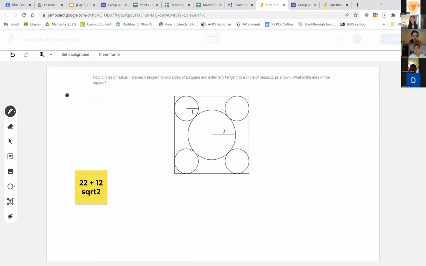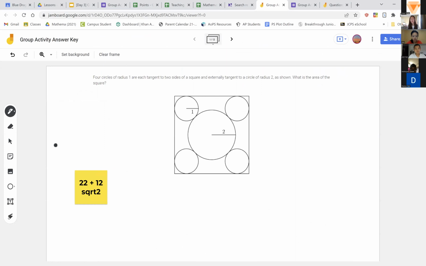So number 1, as long as you found out how to do it, it was pretty simple, but it's pretty hard to figure out at first. Since we want to find the area of the big square, you have to know the side length, right? But at first glance, it's not clear how to find the side length.